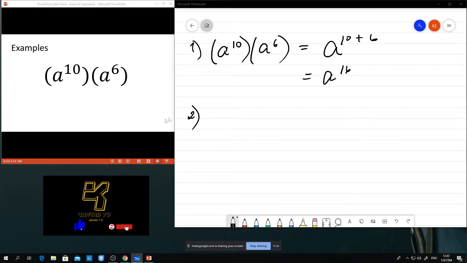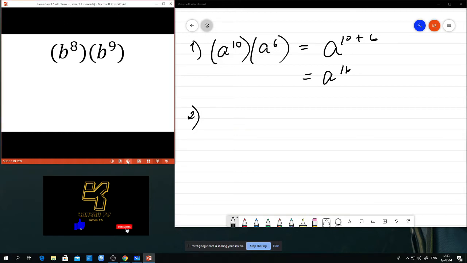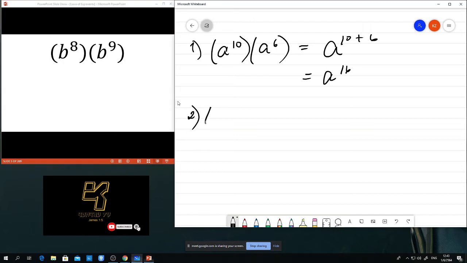Next, number 2. I think I can move to number 2 because I have a copy here on the right side. Next one: b power of 8 times b power of 9.